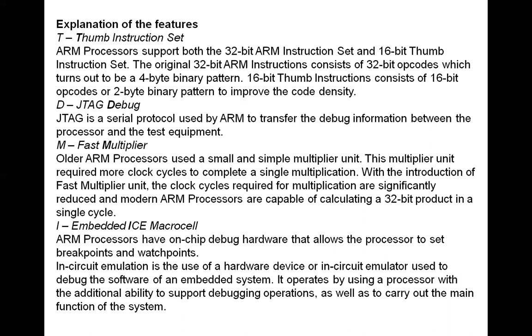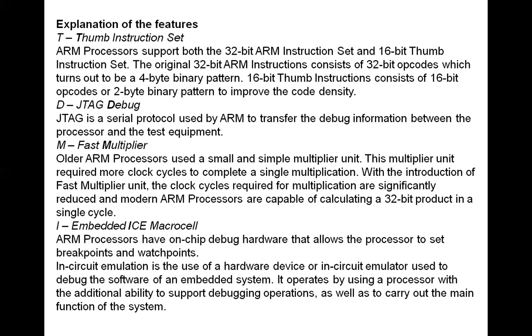With the introduction of the fast multiplier unit, the clock cycles required for multiplication are significantly reduced, and modern ARM processors are capable of calculating a 32-bit product in a single cycle. So this will be the enhancement over the earlier microcontrollers' operation.